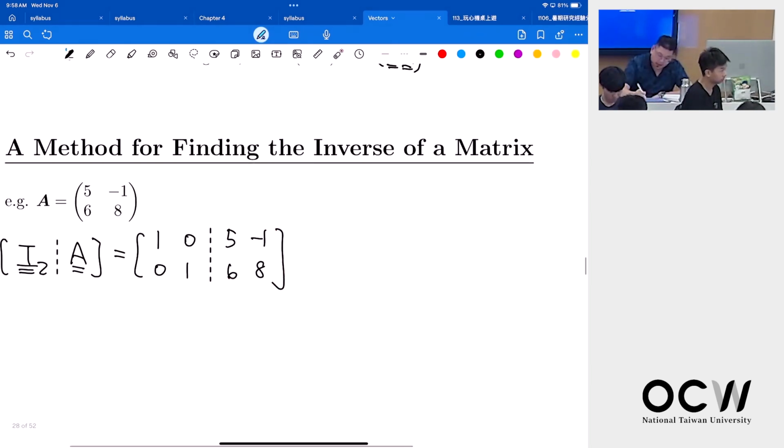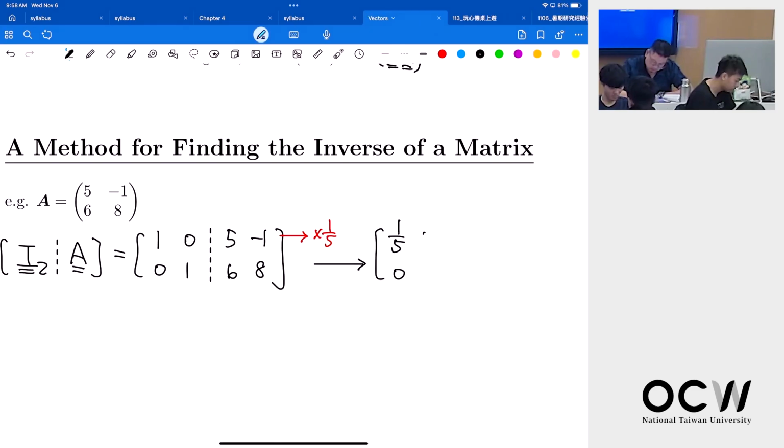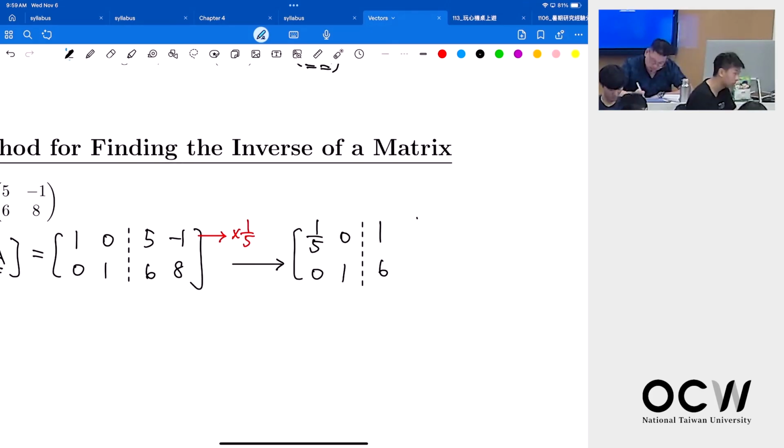In that case, first, the first row I can times 1/5. So this element will become 1. 1/5 0 0 1, and 1 6 minus 1 8. Now I want to create the leading entry, so I don't want this 6.